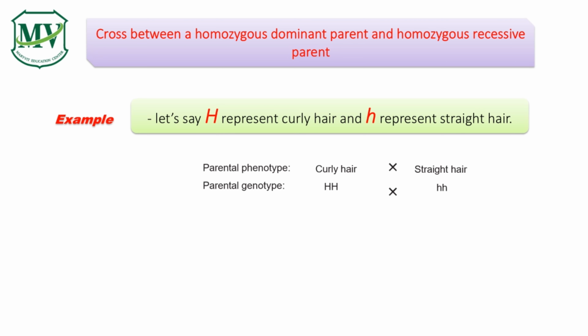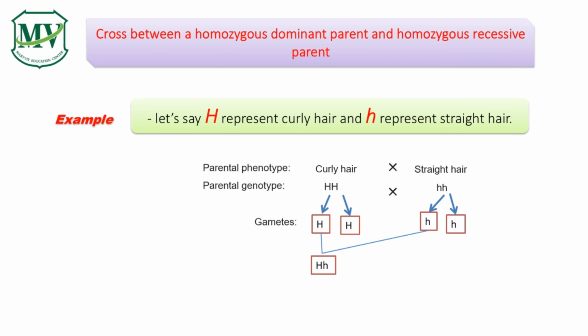Another example, we have here a cross between a homozygous dominant parent and a homozygous recessive parent, which we will still refer from the information that capital H represents curly hair and small letter h represents straight hair. You know already how to cross it, right? Okay, very good.